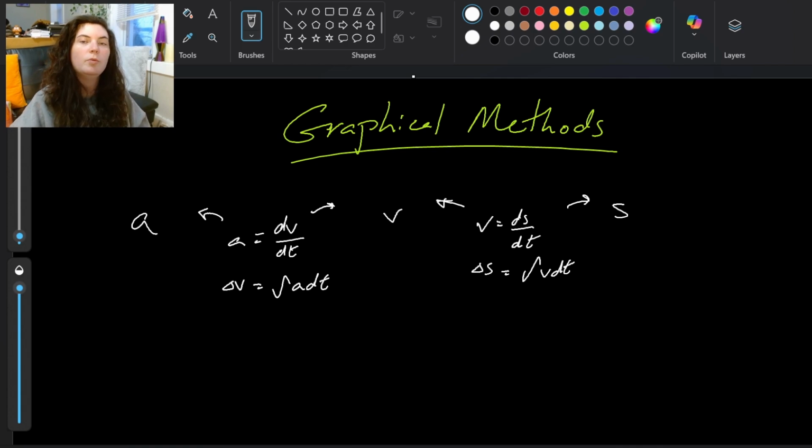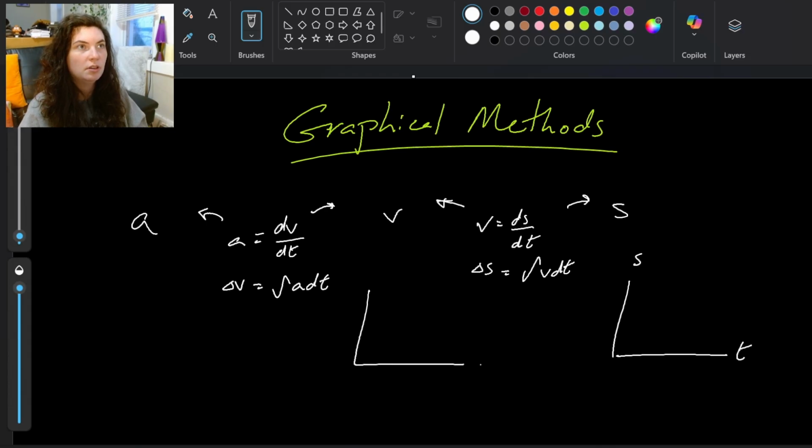So the reason I bring these up is because it's really more of a calculus review that we're talking about right now, right? We're going to be talking about these graphical methods where if you're given, say, a graph of position versus time, you can get to a graph of velocity versus time or a graph of acceleration versus time, right?